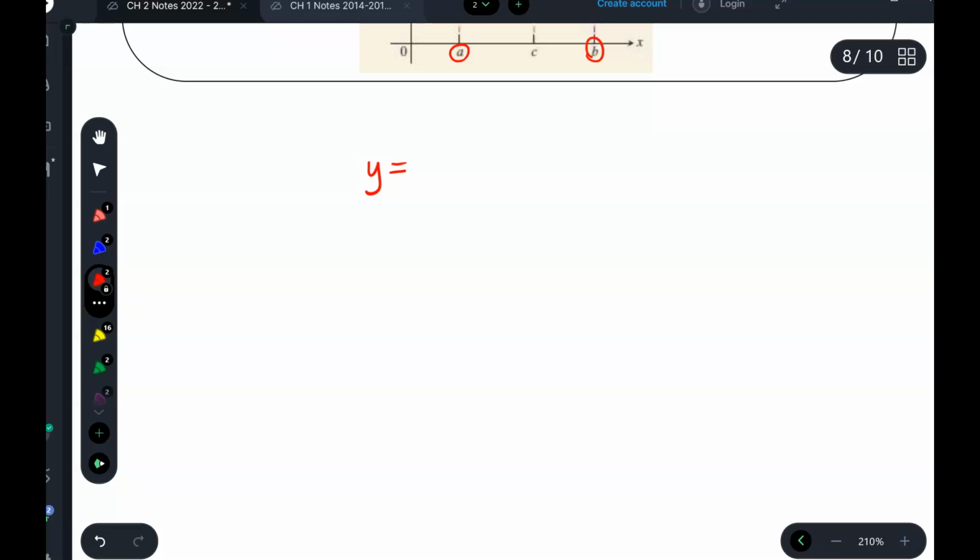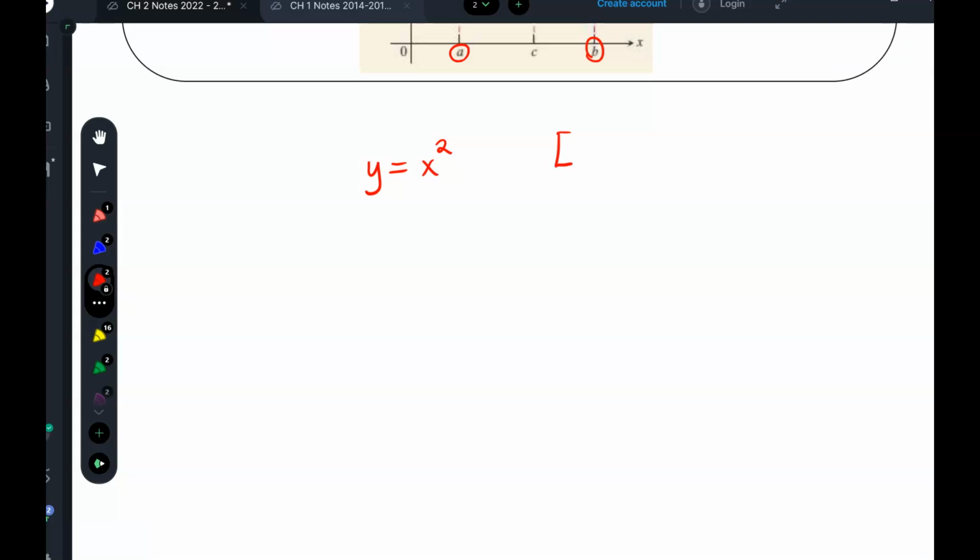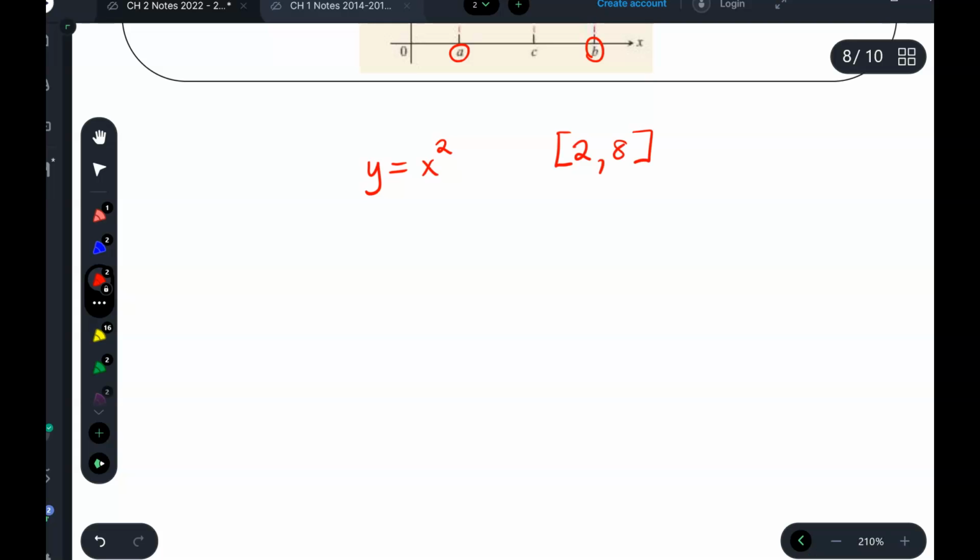Let's say I gave you the function y equals x squared. Give me a domain. I don't really care what it is. 2 to 8. Great. Okay. So I want to show, will y equal 30 at some point in the interval?